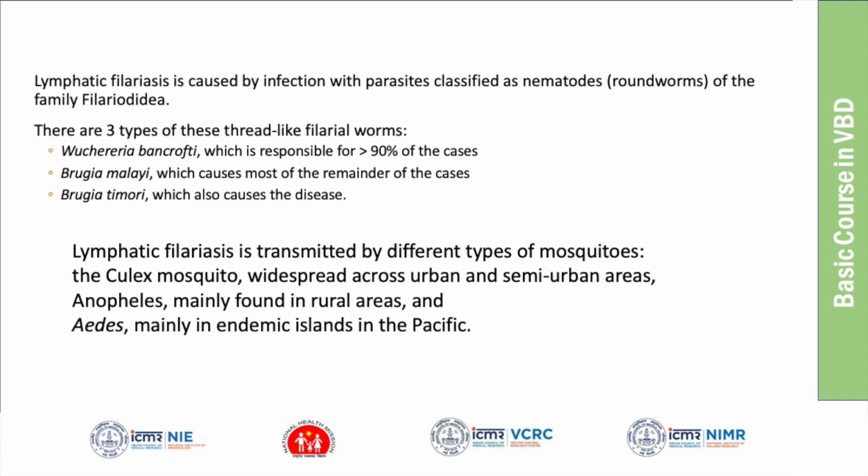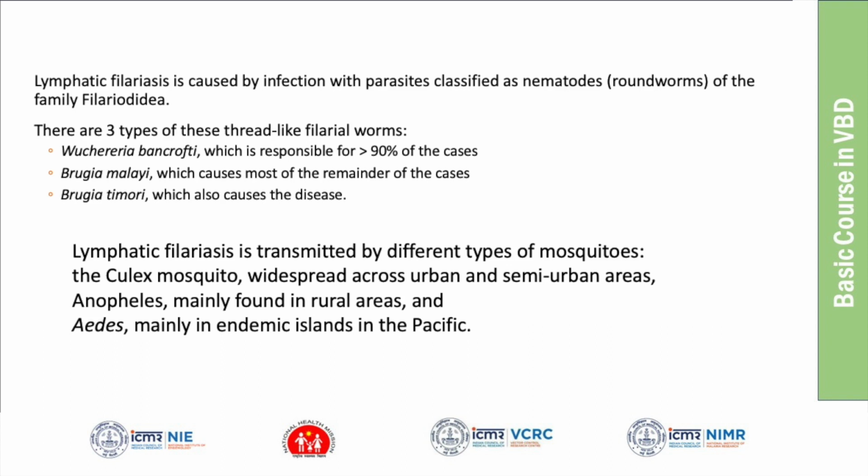And there are three types of these thread-like filarial worms. One is Wuchereria bancrofti, which you are all aware of, responsible for more than 90% of the cases. Less than 5% may be Brugia malayi, and that is in India.